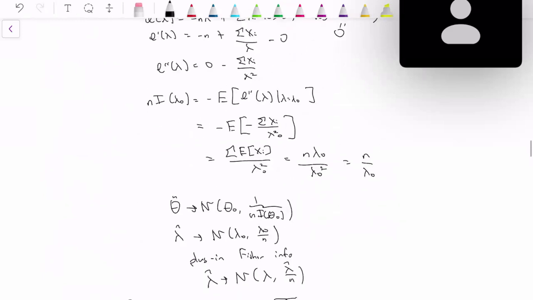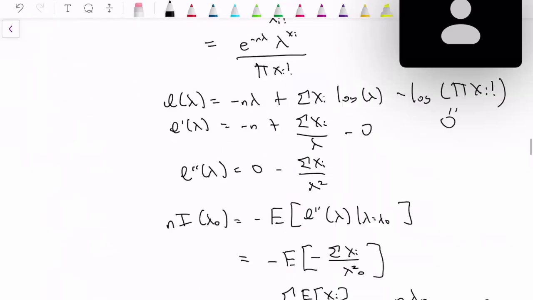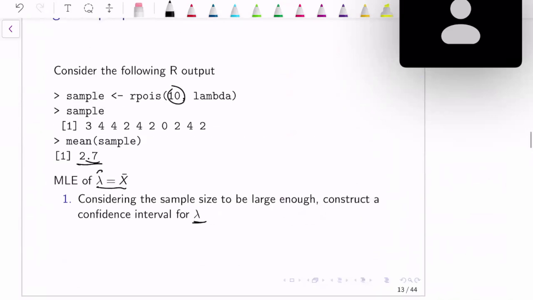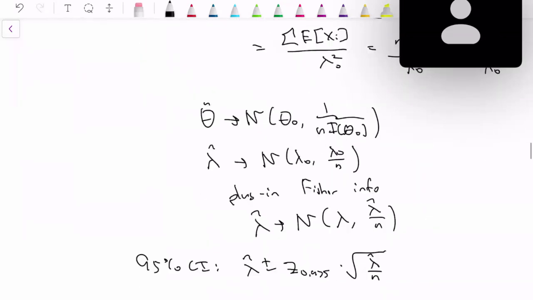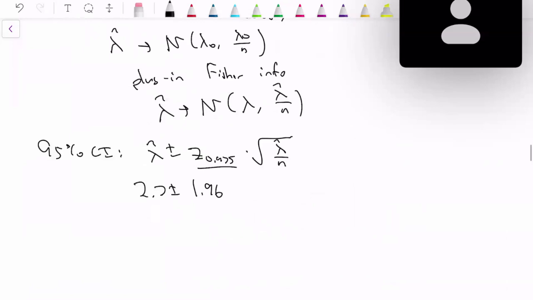And if you remember, I gave you guys the MLE here. Lambda hat is equal to x bar, and I also gave you the mean of the sample, which is 2.7. So 2.7 plus or minus 1.96, which is a table value that will be on your cheat sheet, times the square root of 2.7 divided by 10. So this will be 1.682 to 3.718.